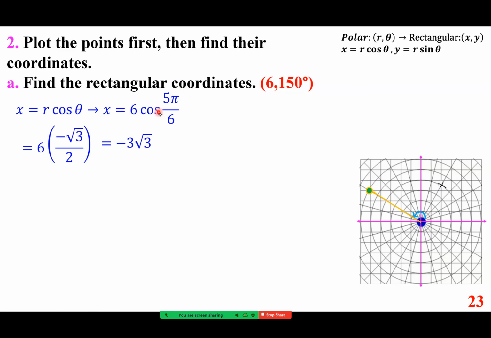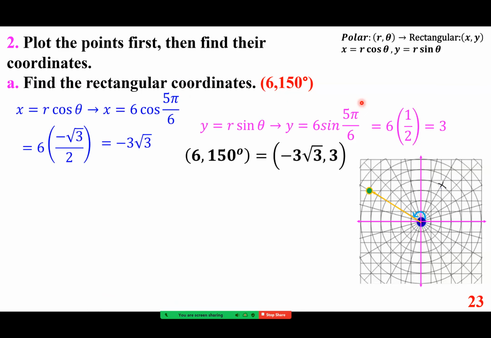It's a common factor, so minus 3 square root of 3. y is r sine theta. Sine of 5 pi over 6 has the same reference angle, pi over 6, and it's positive in the second quadrant. Sine of pi over 6 is 1/2, so 6 times 1/2 is 3. So 6 comma 150 degrees is the same as negative 3 square root of 3 comma 3. Very straightforward, everybody.